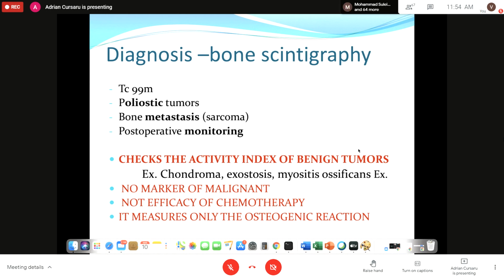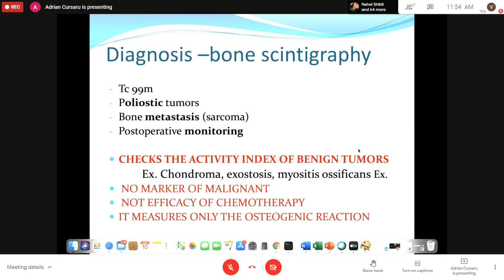You can see the metastasis very well, for example, for the sarcoma, and it is a very good investigation for postoperative monitoring, for a local recurrence of the tumor or metastasis at a distance.